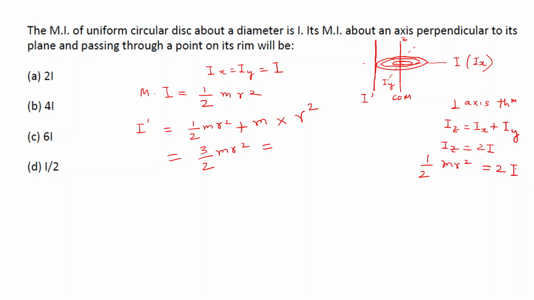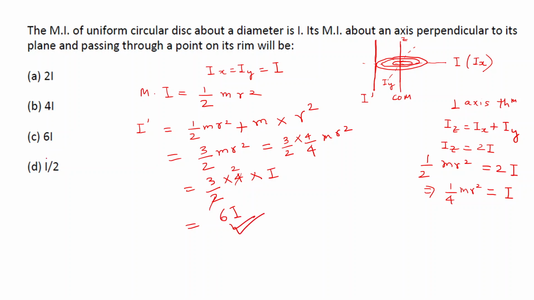So half mr square was 2I, that means 1 by 4 mr square is I. Okay, so that means multiplying 4 by 4 mr square, this is 3 by 2 times 4, and 1 by 4 mr square means I, right? So this will be 2, that means 6I. So the correct answer is this.